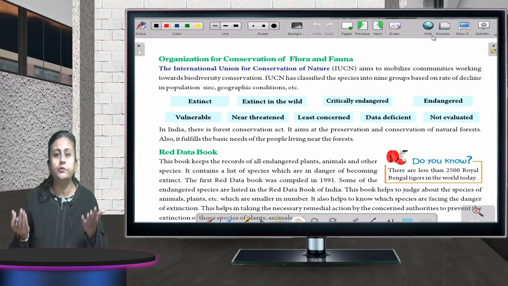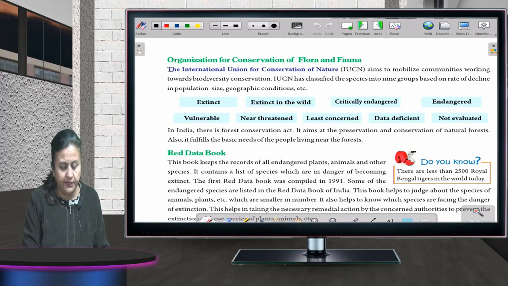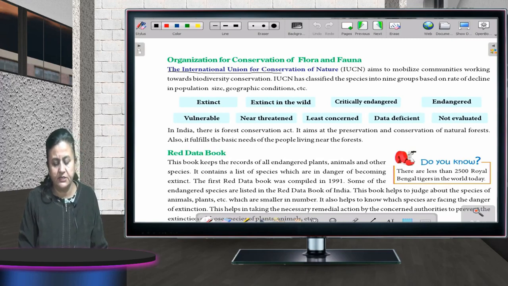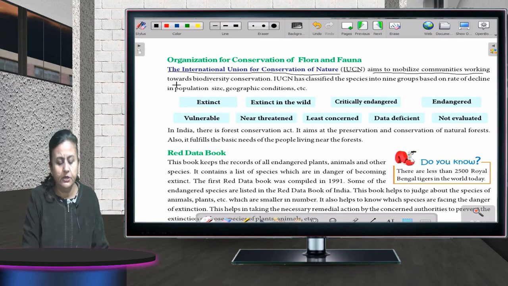So the balance has to be maintained. For that, an organization for conservation of flora and fauna has been set up. That is the International Union for Conservation of Nature, that is IUCN, which aims to mobilize communities working towards biodiversity conservation.